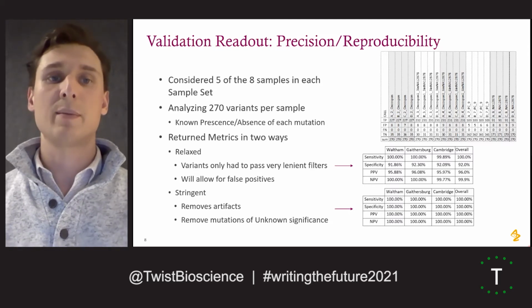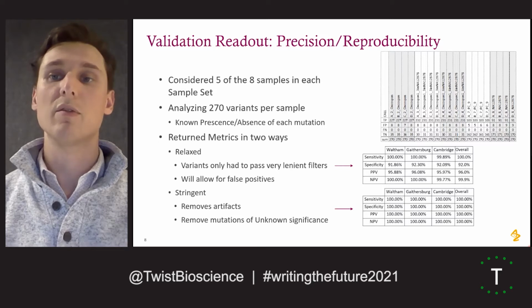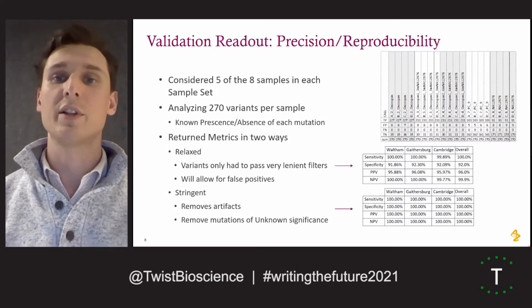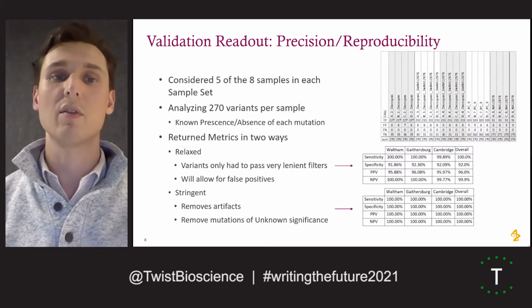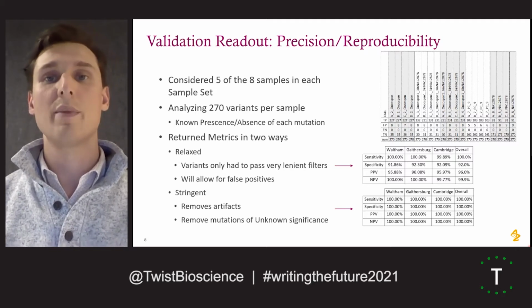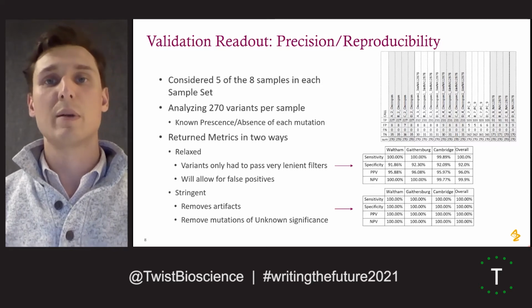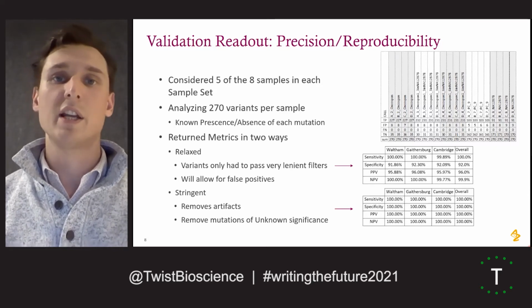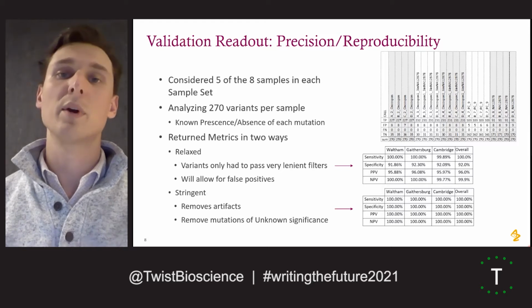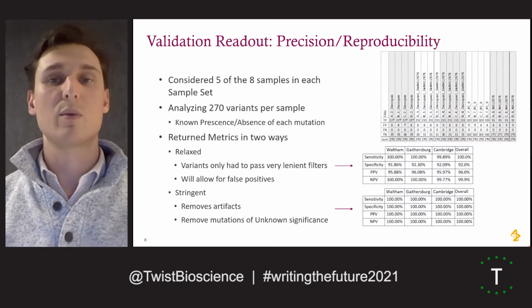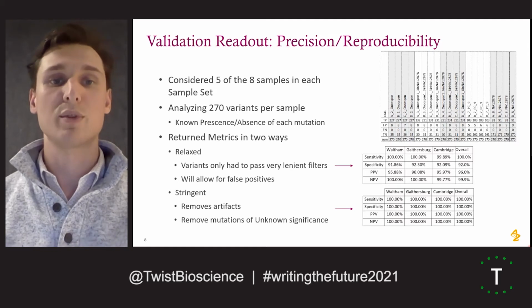So out of the 8 samples, we considered 5 a subset, and we were analyzing 270 variants per each of those 5 samples. We had known presence and absence of each of those mutations. They had either been previously sequenced internally, or we were able to identify from public sources or from commercially procured sources the mutations that were present or absent in these samples.